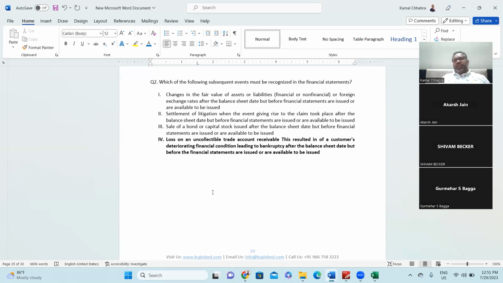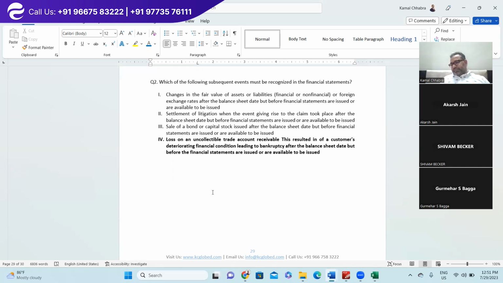So foreign exchange rate, when you are preparing your financial statements, right, and you have a subsidiary in a foreign country, and now you are doing consolidation. So in the consolidation, when you are consolidating the foreign subsidiary, their assets and liabilities you calculate at which date of exchange rate?